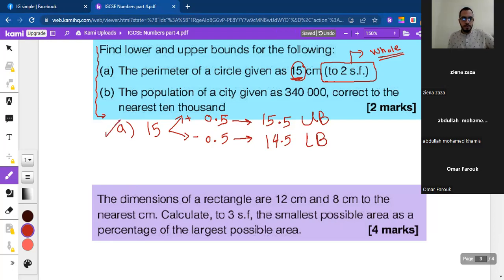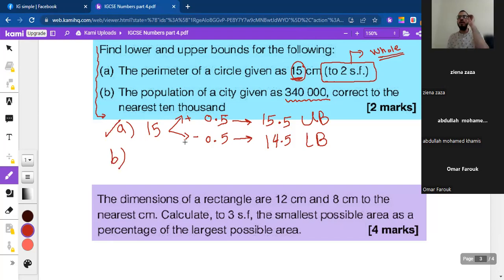Abdullah, letter B. The population of a city given as 340,000 correct to the nearest 10,000s. Good. To nearest, look at Shabab.